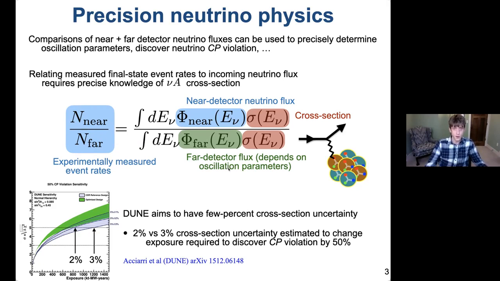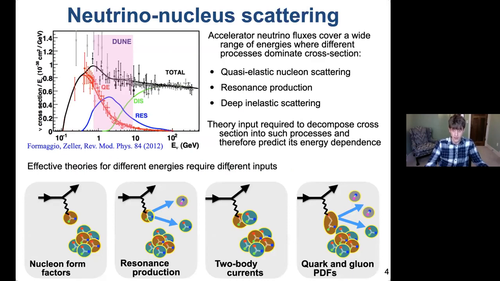So calculating these cross-sections is important for theory to deliver, but is challenging, because this broad flux covers regions where different physics processes dominate the total cross-section, from quasi-elastic scattering of neutrinos more or less off a single nucleon at low energies, resonance production at intermediate energies, and deep inelastic scattering involving quarks and gluons at high energies.